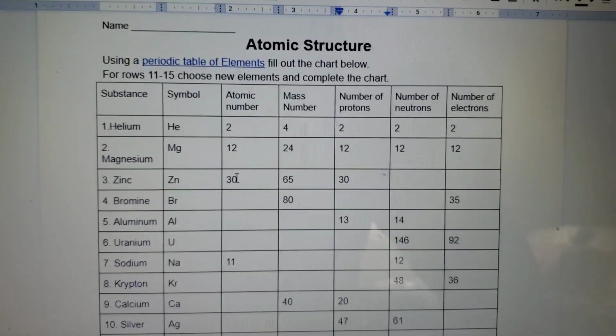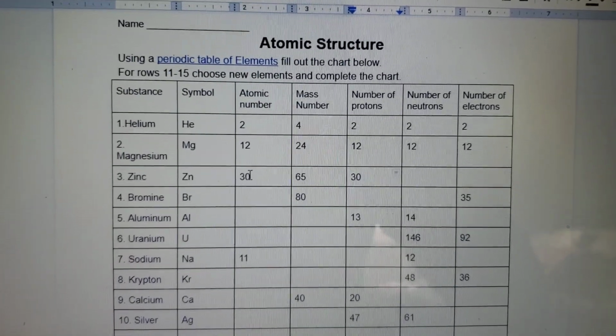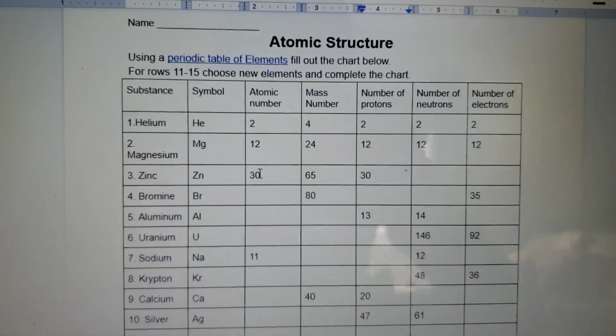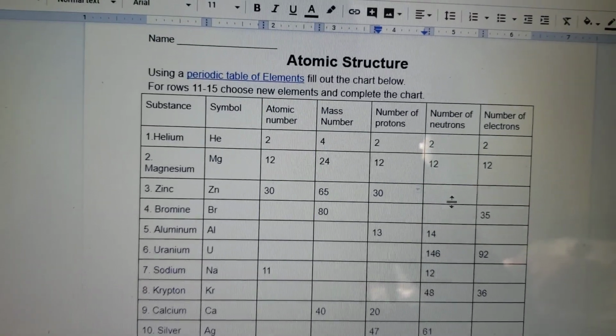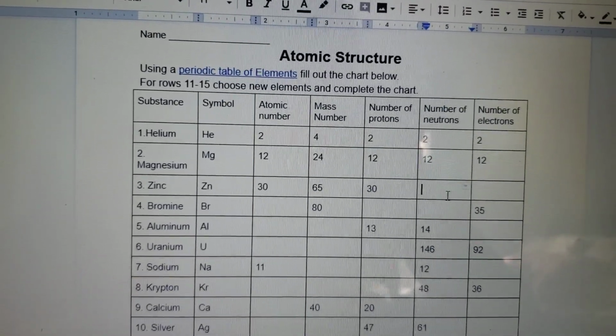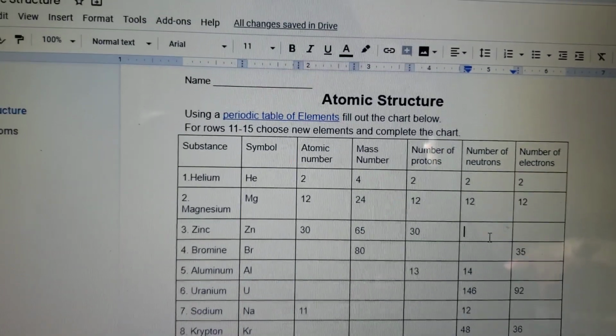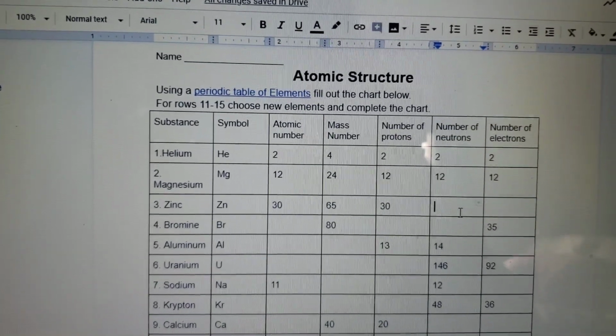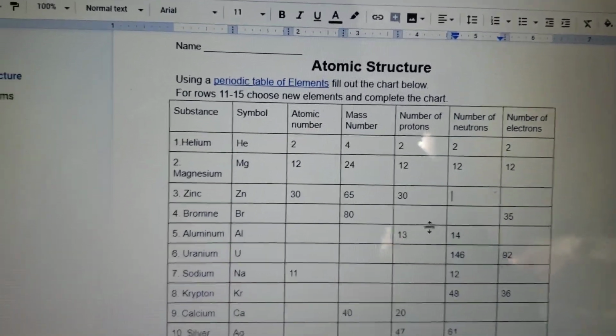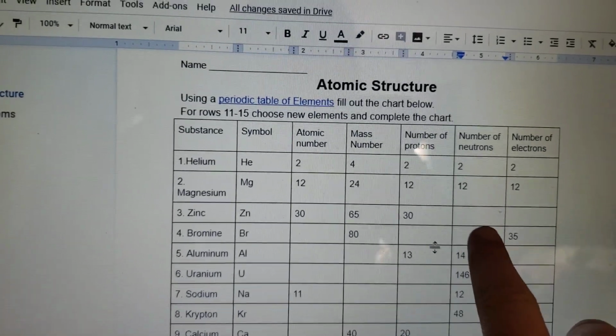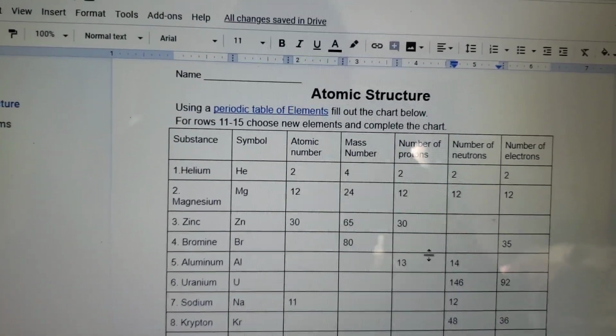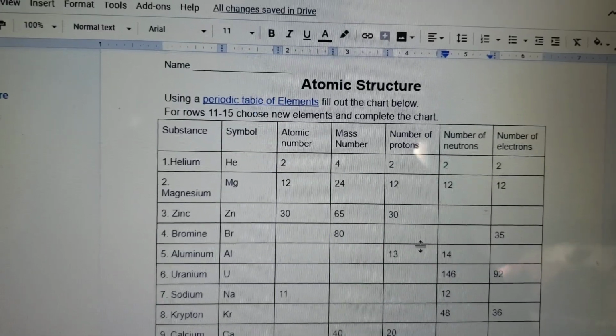Here's where it's a little bit different. It's not going to be the same as the number of protons, because if it was 30 here, we would have 30 plus 30, which is 60, and that doesn't equal 65. This number plus this number has to equal that number. So it can't be 30.